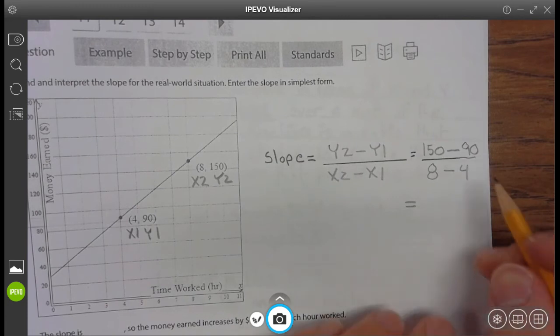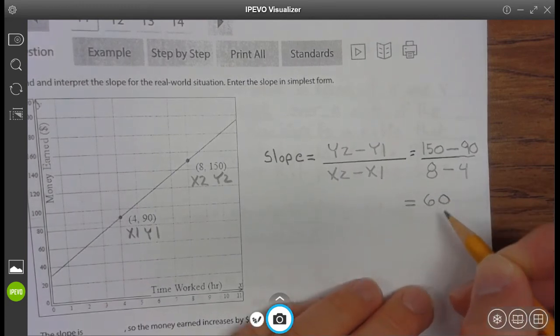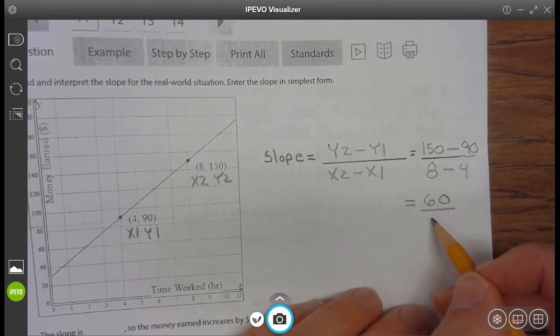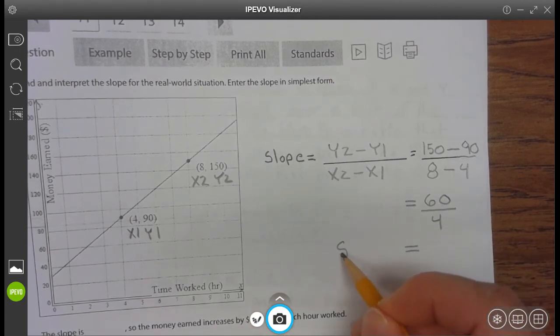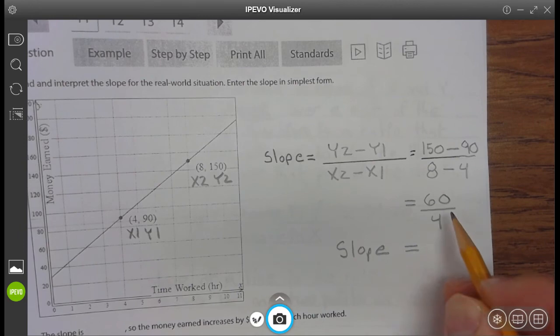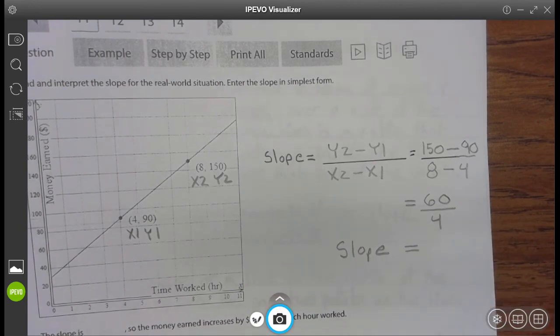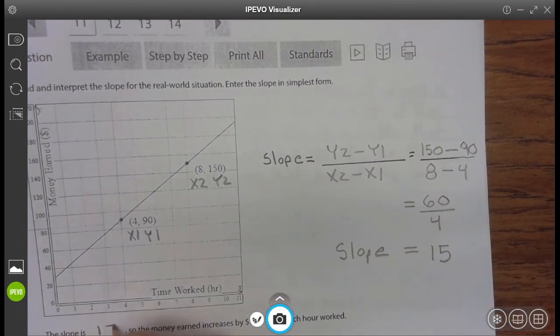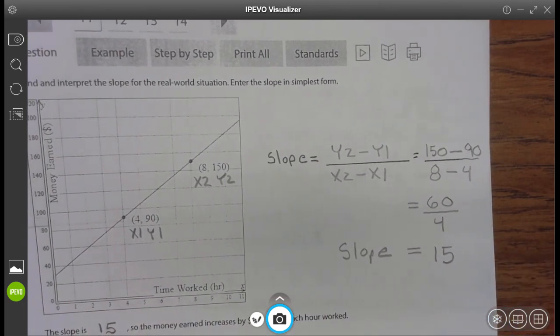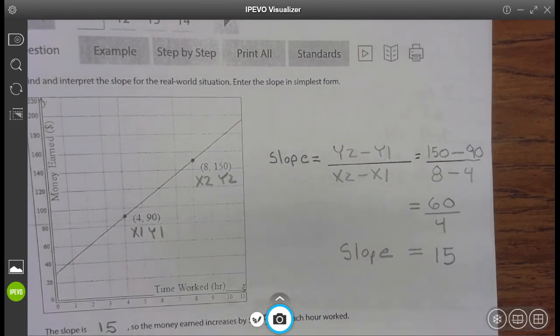Well, 150 minus 90 is 60, divided by 8 minus 4 is 4. So your slope equals 60 divided by 4 is 15. So the slope is 15. So the money earned increased by 15 for each hour worked.